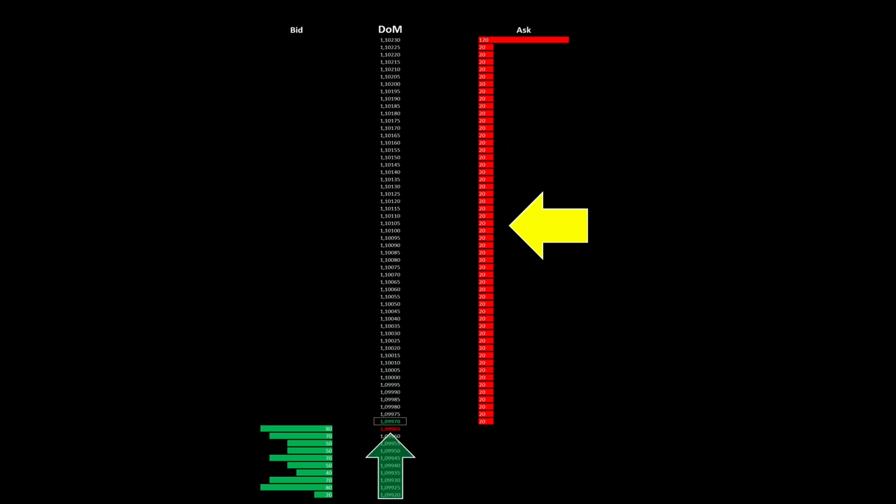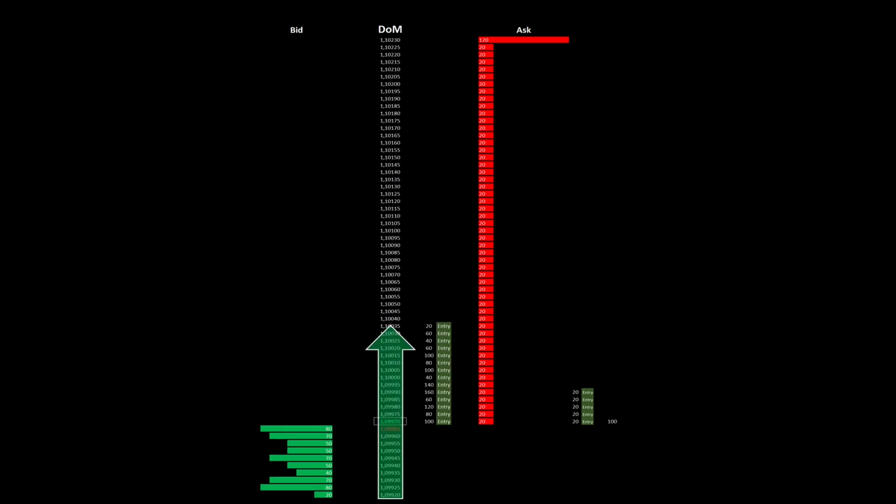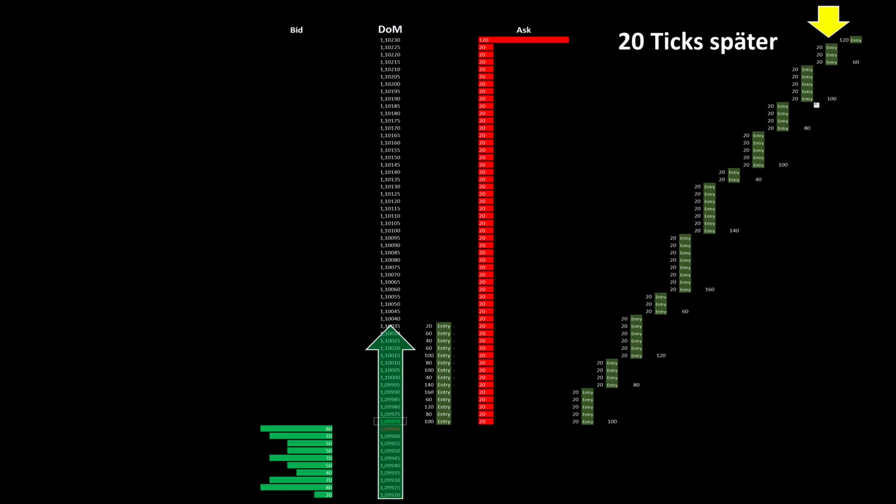A breakout occurs when liquidity is withdrawn on the limit side. Now we'll play the same game again. Instead of entering the market after 2 ticks, you will now only enter the market after 5 ticks. If you enter the market later, you may not be executed until 20 ticks later. The current spread that is shown to you when you press the buy button is no guarantee that you will get into the market with this spread.